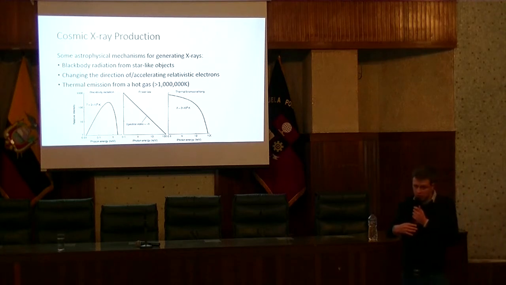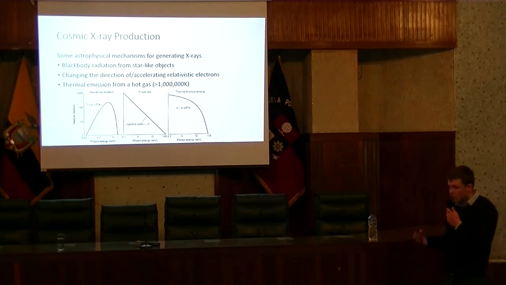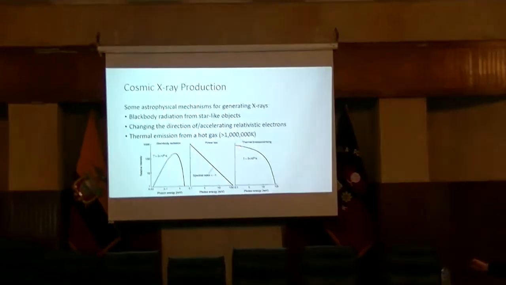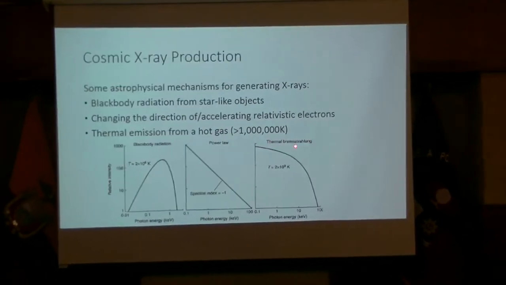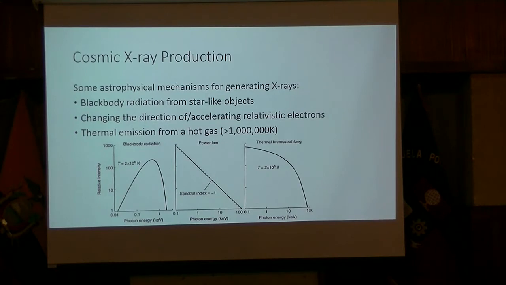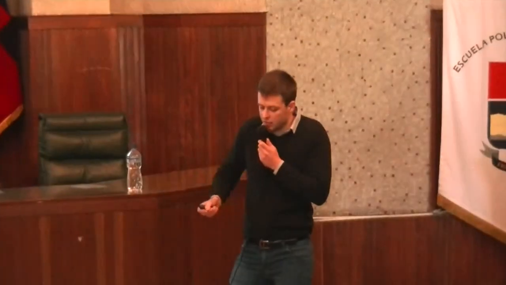It will change direction, and this will emit electromagnetic radiation in the form of X-rays. And the spectra we see from this looks like this, and it is called thermal bremsstrahlung. And bremsstrahlung is a German word meaning braking radiation, because the electron is braking as it goes around the proton.